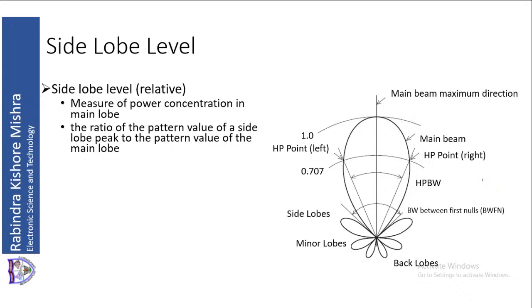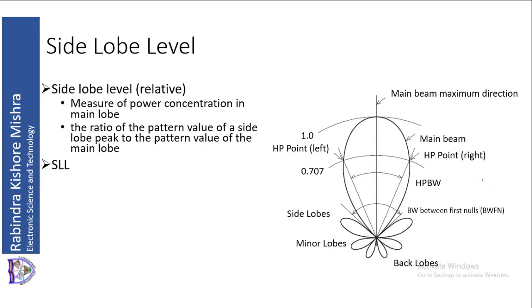This is a pattern in the spherical coordinate system, so it varies with theta and phi only. Now, what does the side lobe level give us?